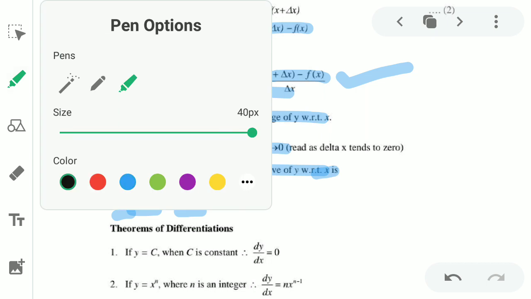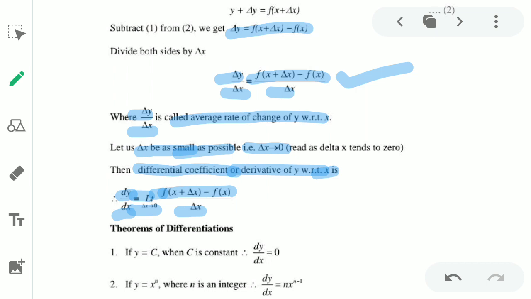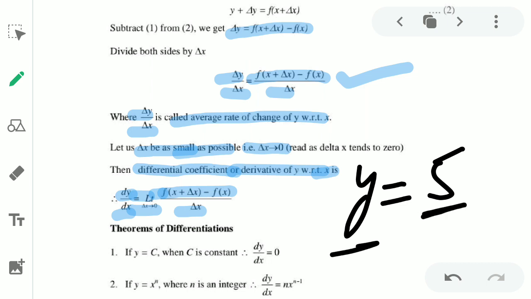If we write y equal to 5, in that case the 5 is a constant. It means y cannot depend upon x.